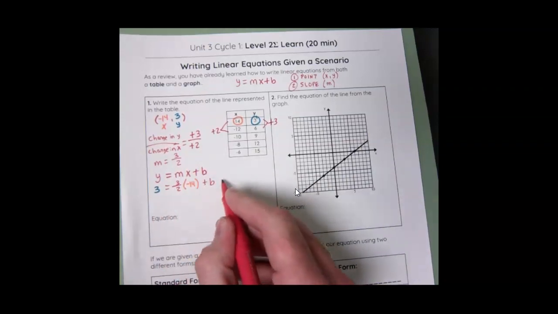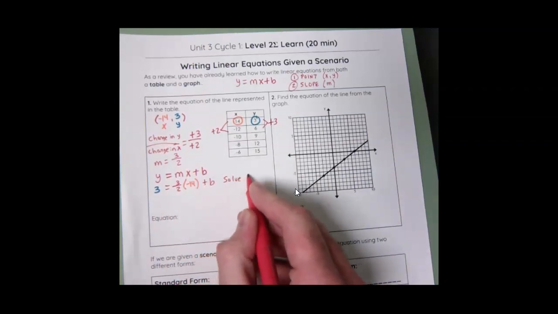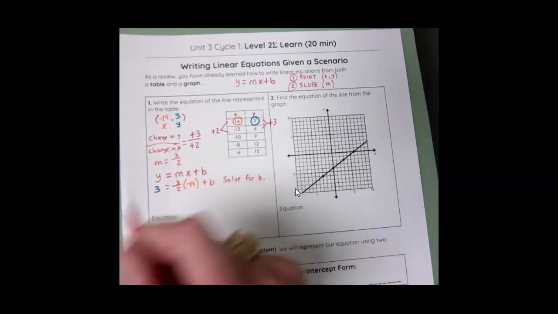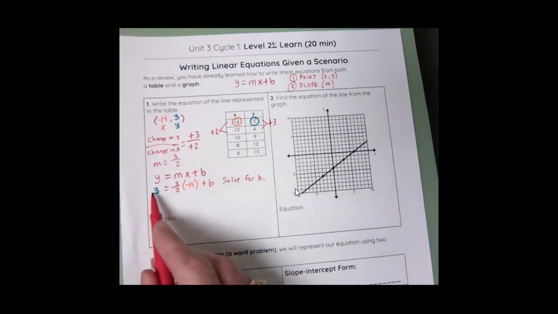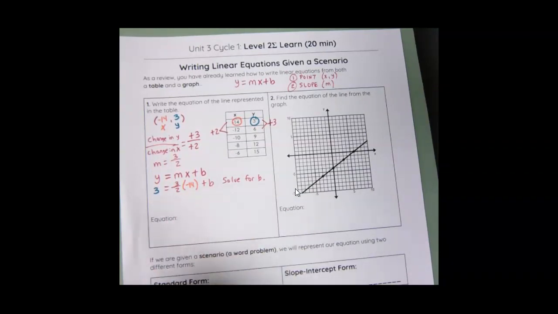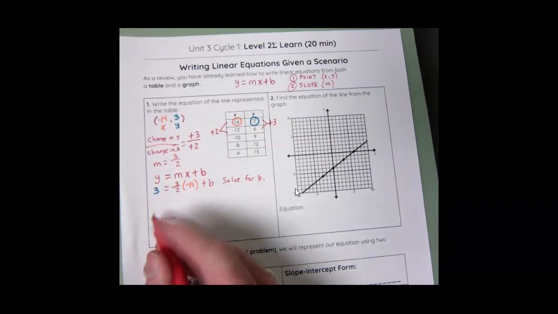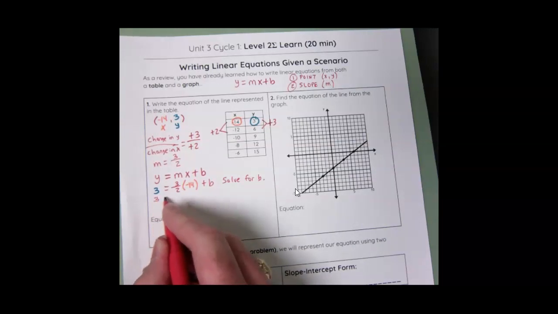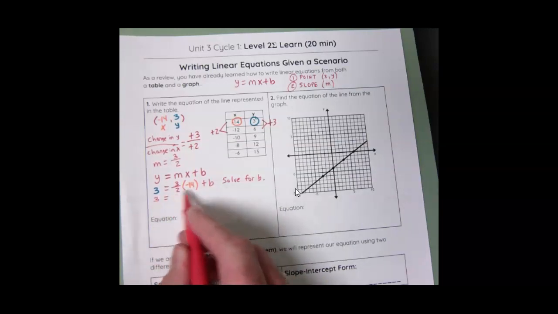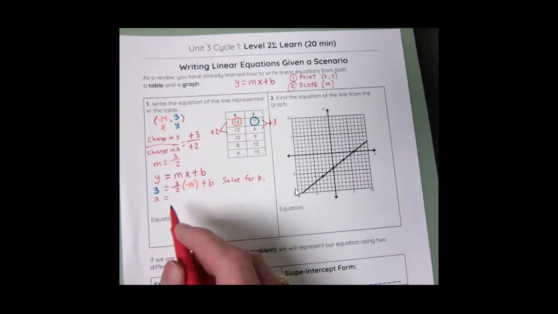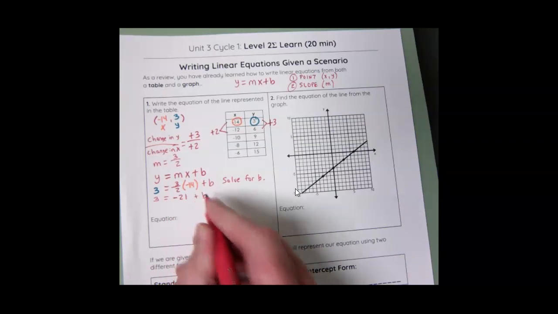Now we're going to solve this for b. We've plugged in our y, we've plugged in our slope, we've plugged in our x. The way we solve for b, on this side, we'll just have 3 equals 3 halves times negative 14, if you put that in your calculator, will give you negative 21 plus b.